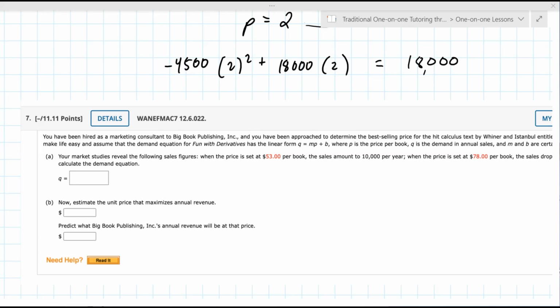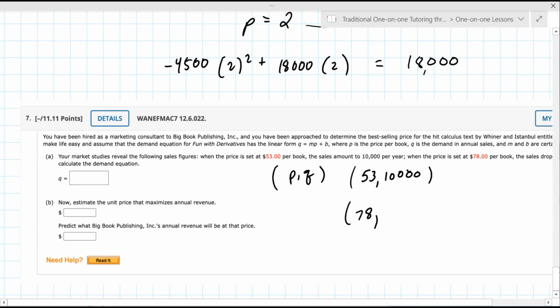Again, it's like the last problem. It's P comma Q. So it says $53, and then you get 10,000 books. But then when the price goes to $78, the sales drop. What does it drop to? It would be 53 comma 10,000 and then 78 comma 1,000.